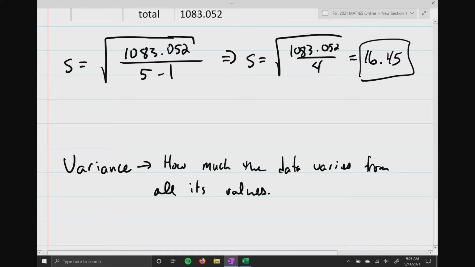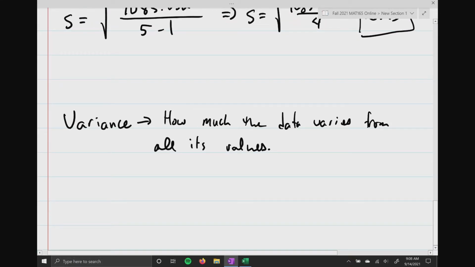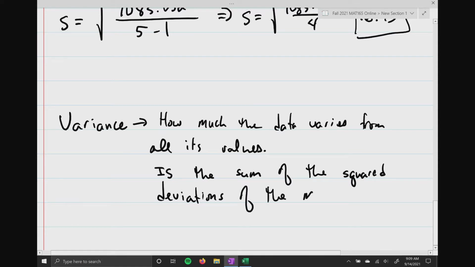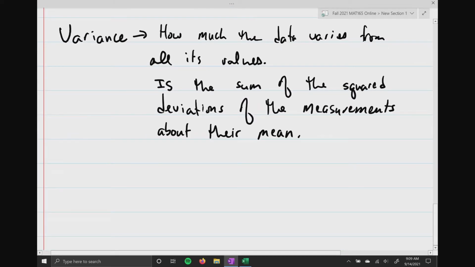Sometimes we say that the variance is the sum of the squared deviations of the measurements about their mean.